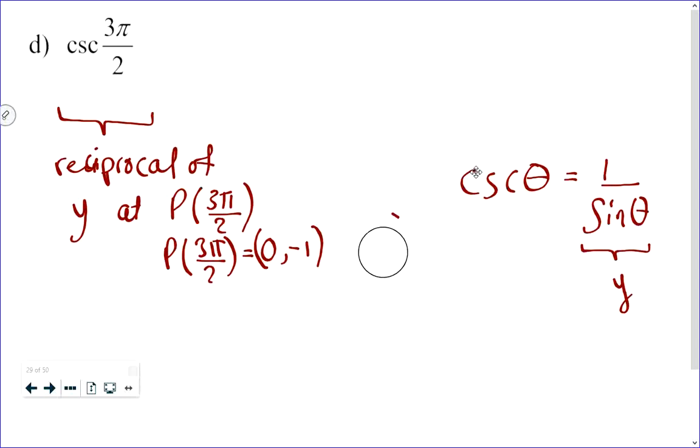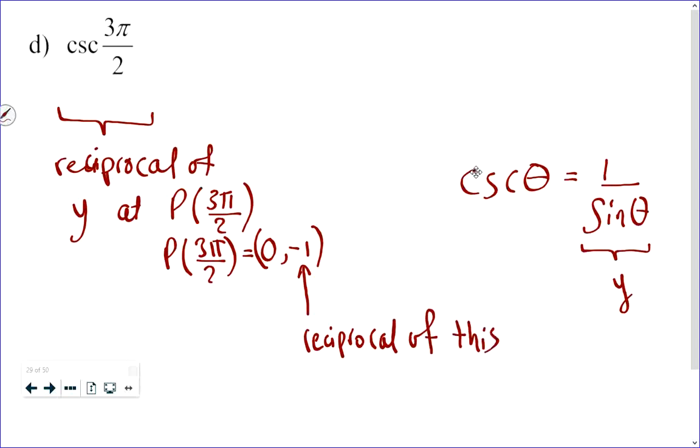Again, this is just kind of scrap work. So that means we need to take the reciprocal of this. We need to write 1 over the y coordinate, but that's negative 1. 1 over negative 1 is negative 1. So the cosecant of 3 pi over 2 is negative 1.